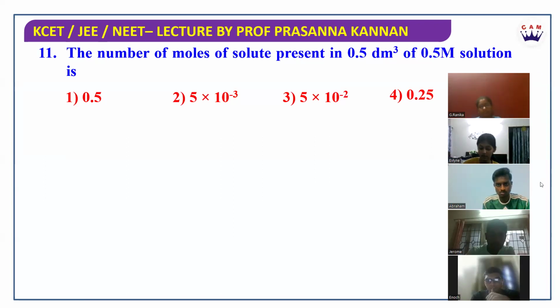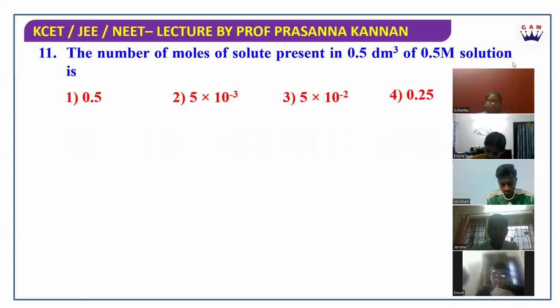Yes, sir. Write the formula for molarity. What is molarity equal to? Number of moles of solute divided by volume of the solution. Correct. What is given here? What does this 0.5 M mean? Molarity, sir. Molarity is given. What is 0.5 decimeter cube? Volume of the solution. Correct.